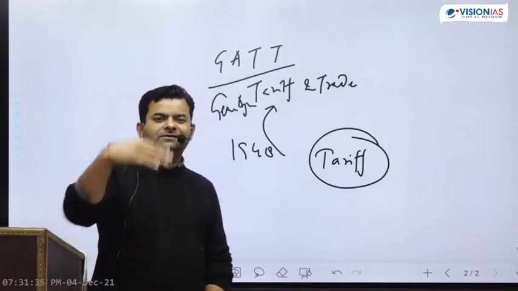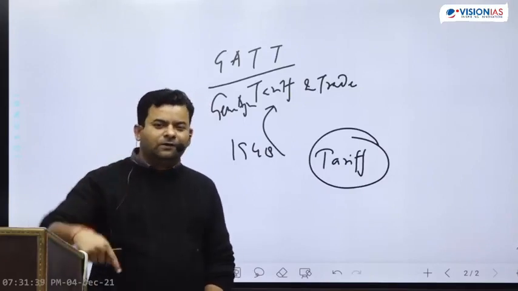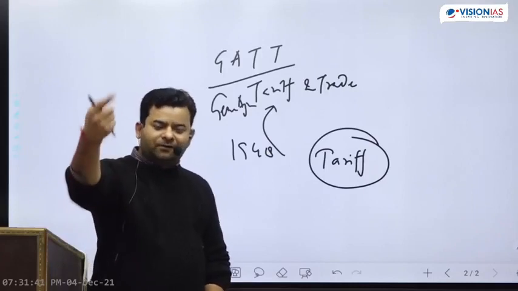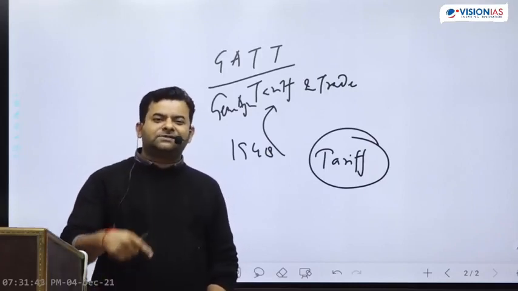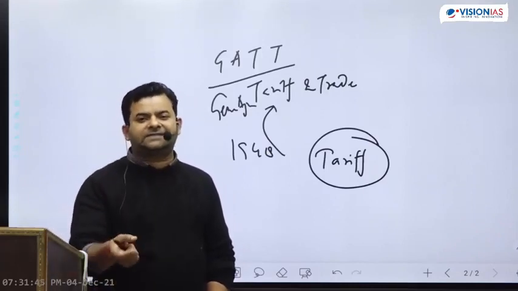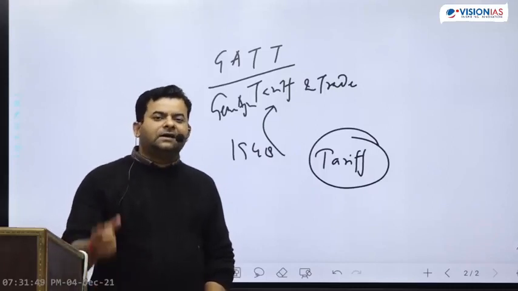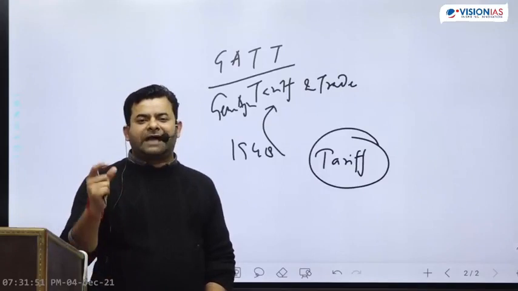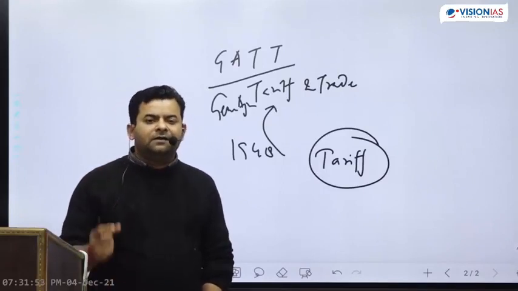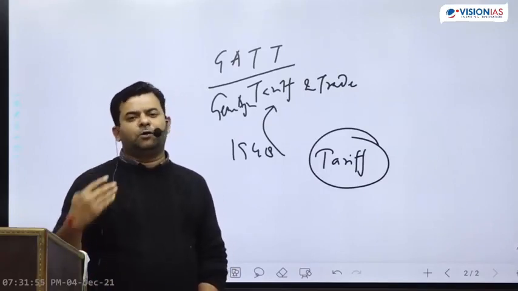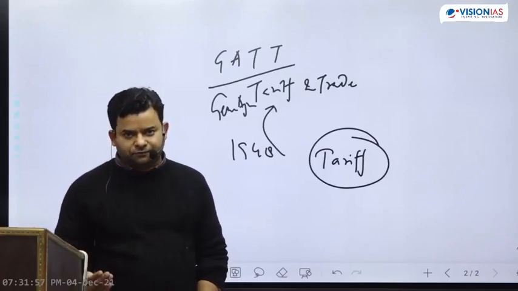Anything going from here to there or coming from there to here, whatever additional cost or tax they have to pay is called tariff. So tariff is in a way whatever tax or duty they are paying when they are crossing the borders. That's how the term tariff is used.